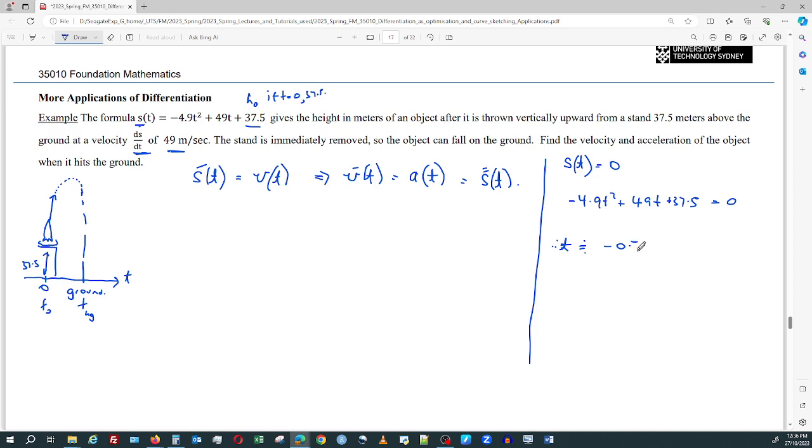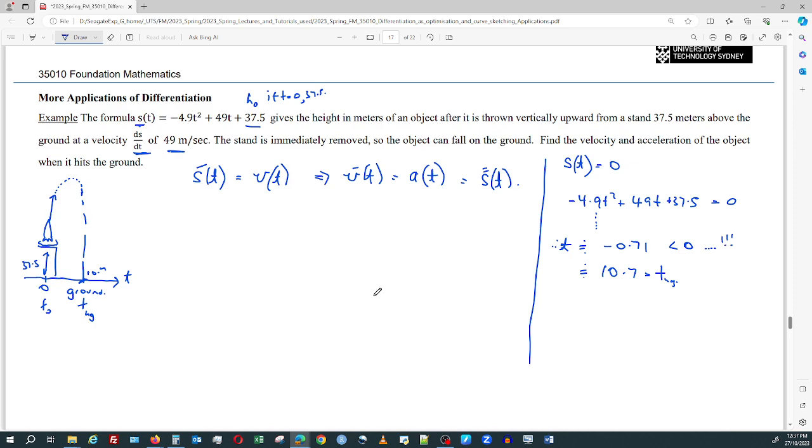One is minus 0.71. I'll let you work that out and confirm that. That is less than 0, so just think about what that means. The other one is 10.7, the bigger of the two. That is going to be the time to hit the ground. So the two times are 0 and 10.7.